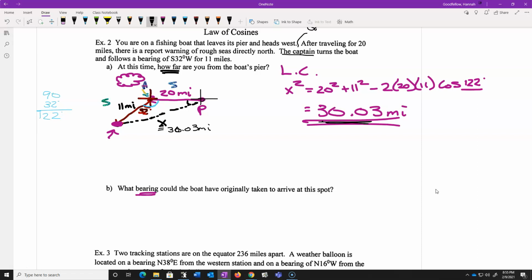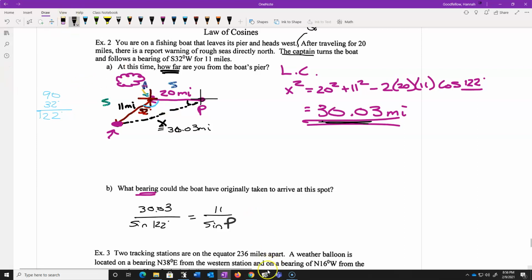And you do have the angle that's across from it, so I think we've got enough for a law of sines here. 30.03 miles divided by sine of 122 degrees is going to equal 11 divided by sine of angle H, or angle P. Ooh, we should call it P for pier. That makes more sense, okay? Angle P. I like to have fun with these problems.